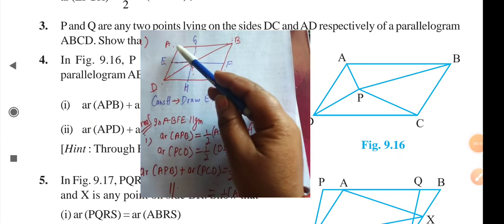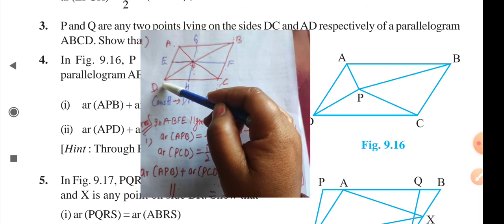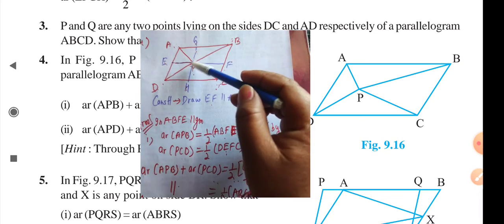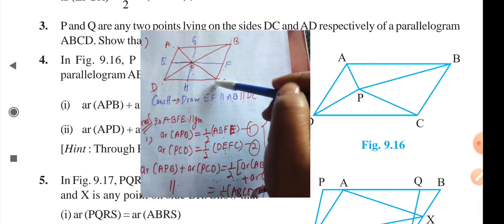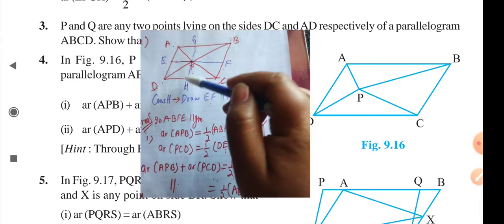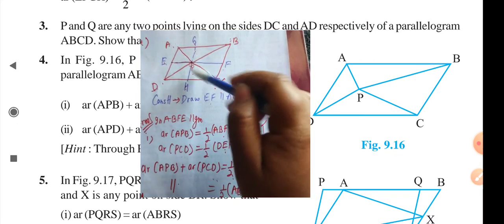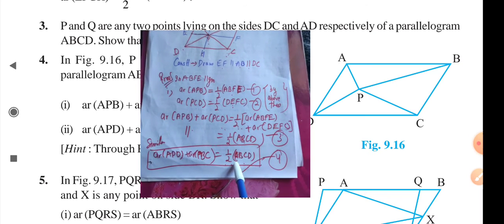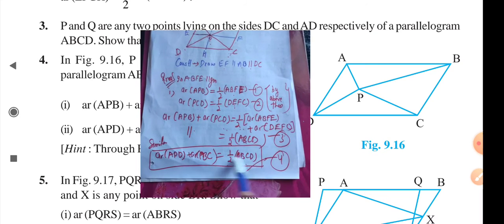So similarly we can say that the area of APD is equal to half of area of AGHD. Similarly the area of BPC is equal to half of area of GBCH. Now adding these two, you will get this one. Similarly I have written here the area of this is equal to half of area of ABCD. You can write it as equation number 3 and this is equation number 4.